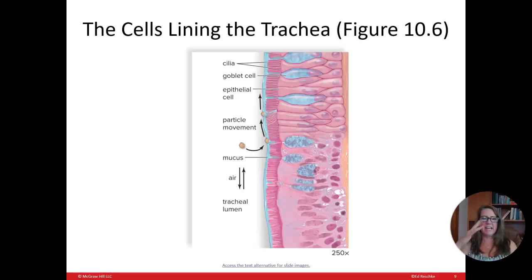So the trachea has these cilia. They have these short extensions of the plasma membrane. You can see them here. Located between them are goblet cells. Essentially, these cilia are acting to trap any foreign particles. So if you go down here, you can say, ooh, maybe this is some pollen. That's what it looks like to me. It can be a number of things that you've breathed in that's maybe irritating your trachea.